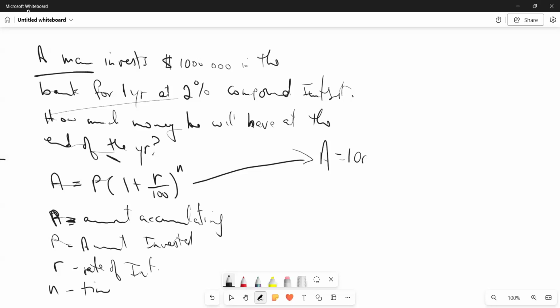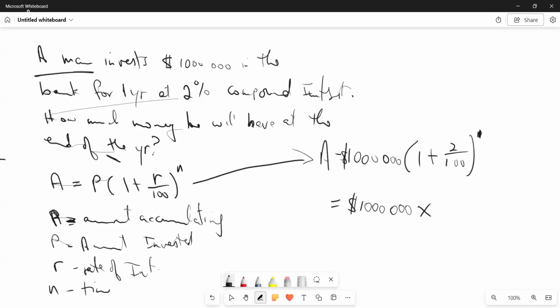So you put in your 1 million there, bracket, 1 plus 2 over 100. That's the first power, right? So you don't have to do anything with that. This will be equal to $1 million multiplied by this whole part here.